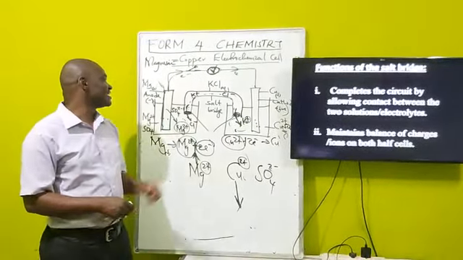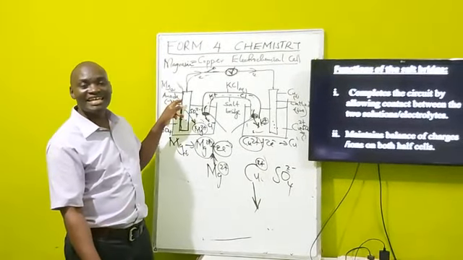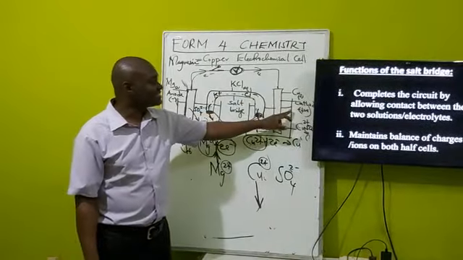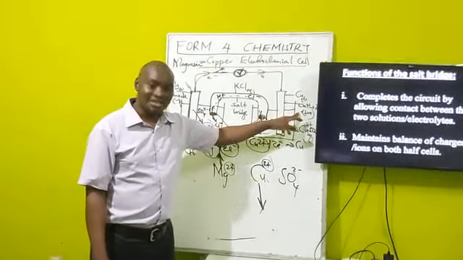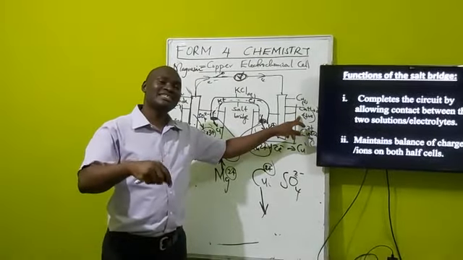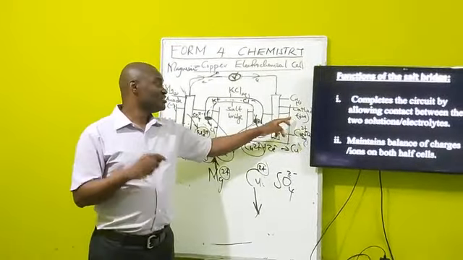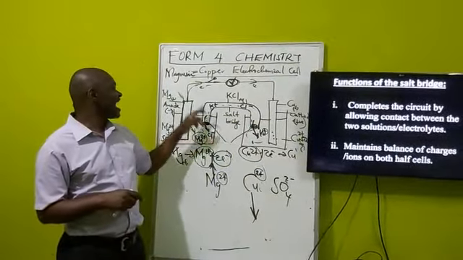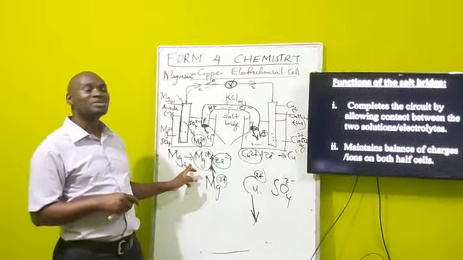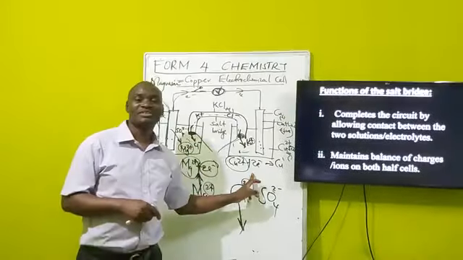And don't forget that the anode is negative in the electrochemical cell, but positive in the electrolytic cell, while the cathode in the electrochemical cell is positive and the cathode in the electrolytic cell is negative. Don't also forget that at the anode, oxidation takes place, loss of electrons. The electrons flow towards the cathode, where reduction takes place.